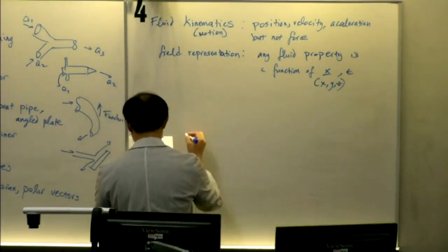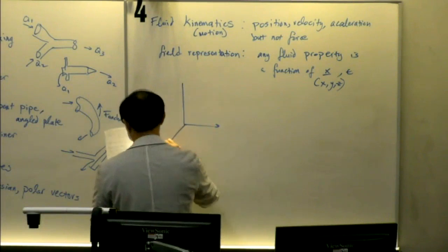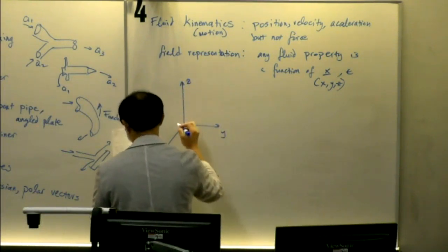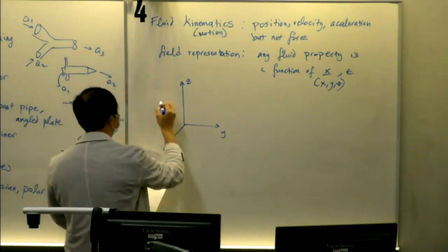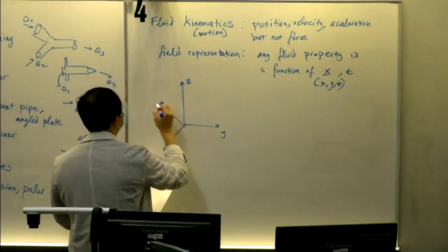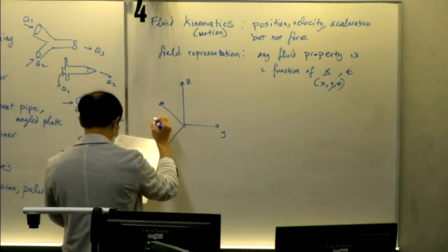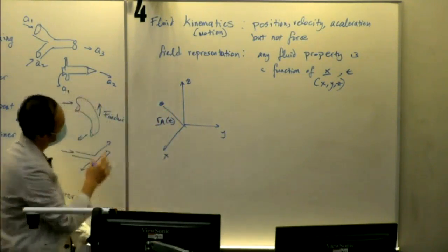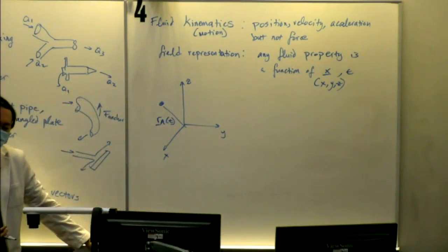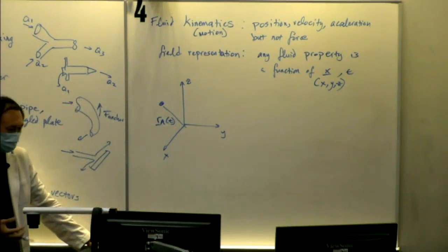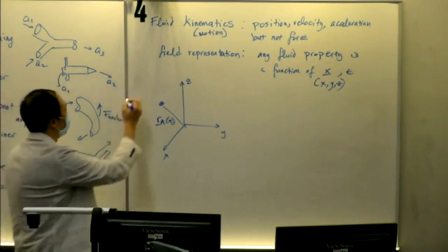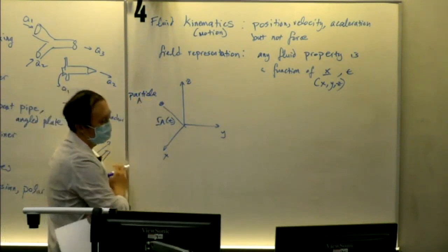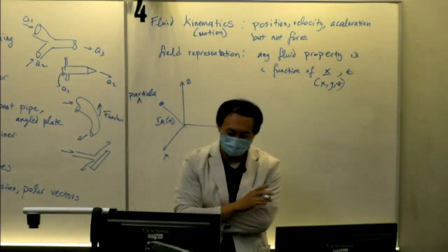All right, so let's go with a little picture first. Let's say we have a fluid particle here. I'm making it a really big dot. We'll call the position of it r, and we'll label the particle A. For hydrostatics, everything was static.